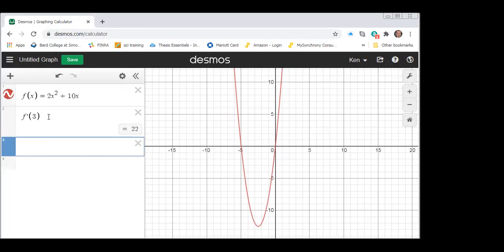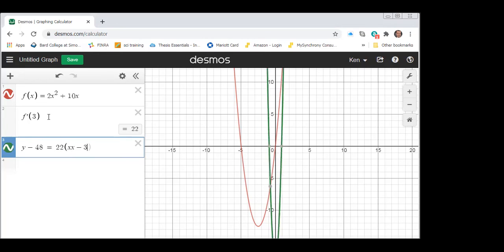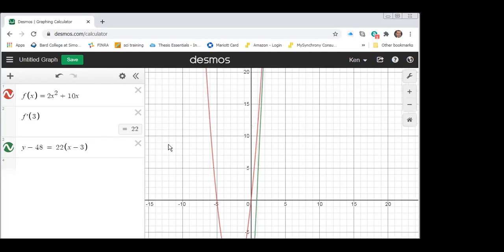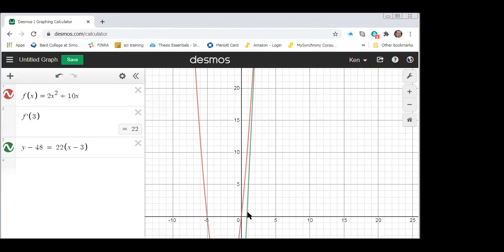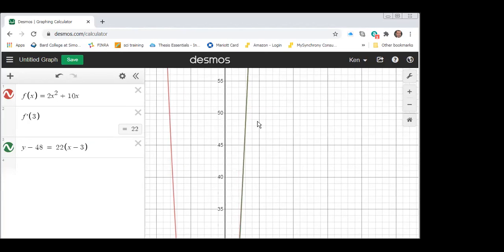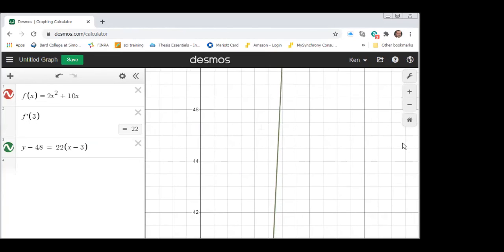And f of 3 is 48, just like we calculated, and so then y minus 48 equals 22 times x minus 3, and yeah, it looks like we are going to be tangent at x equals 3. So x equals 3, you're up here at 48. So here's the point of tangency. You can see the green and the red line are really close at that point.